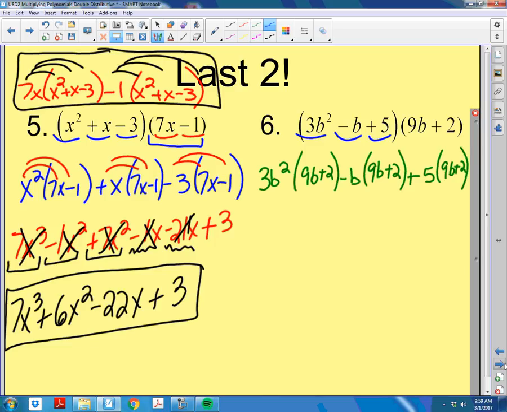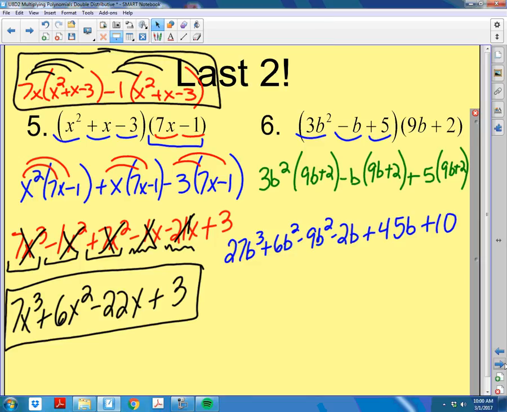Okie dokie. I get 27b cubed. I get the 6b squared. I get the minus 9b squared. And the minus 2b. Okay. Plus 45b plus 10 is the 10.